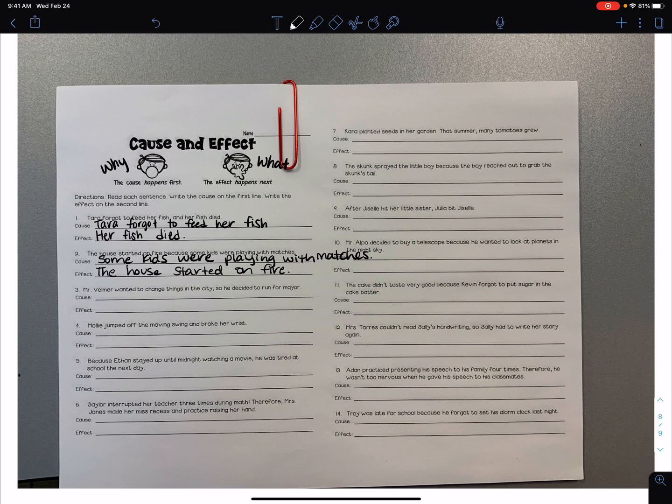And number 3: Mr. Velmer wanted to change things in the city, so he decided to run for mayor. Do you think you can identify the cause and effect? Take a minute and think about it, and then let's see if we got it. I want to start with what happened, so the effect. What did Mr. Velmer do? He decided to run for mayor.